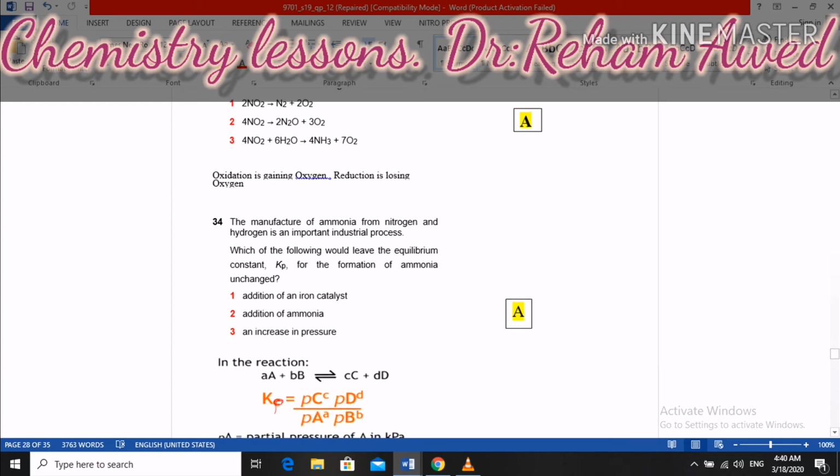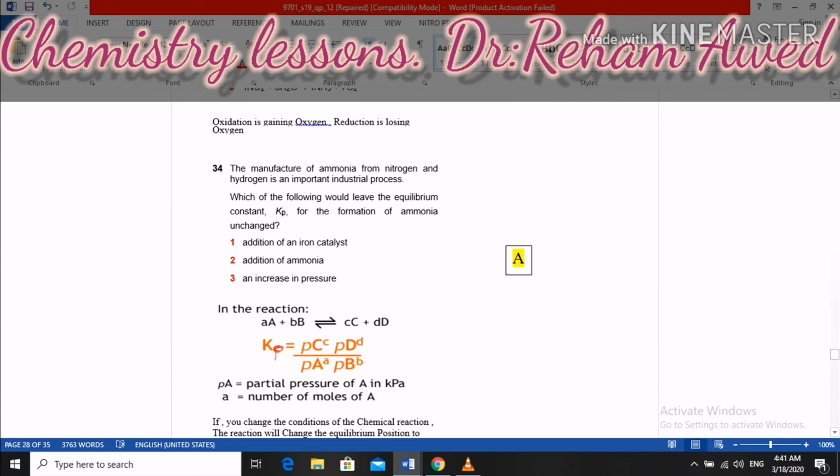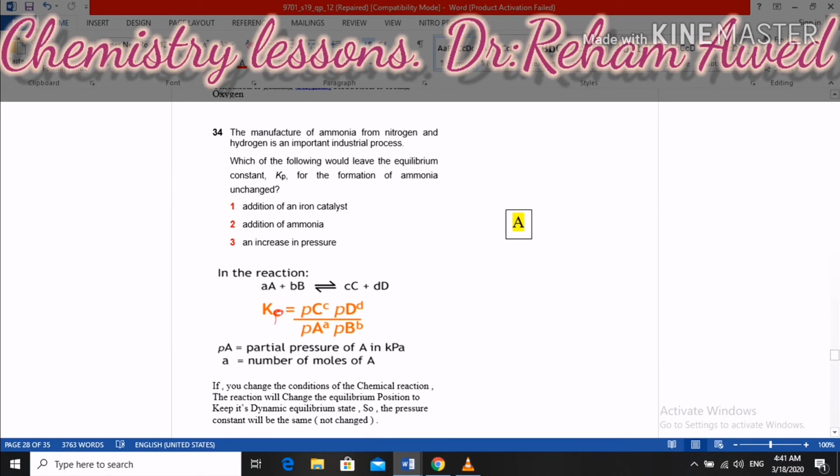In the reaction aA plus pP forming cC plus dD, the equilibrium constant equals the partial pressure of product C raised to the power of the number of moles of C, times the partial pressure of D raised to the power of the number of moles of D, divided by the partial pressure of reactant A raised to the power of the number of moles of A, and the partial pressure of P raised to the power of the number of moles of P. Pa is the partial pressure of A, or of any substance, in the equilibrium constant, and the power is the number of moles of that molecule.